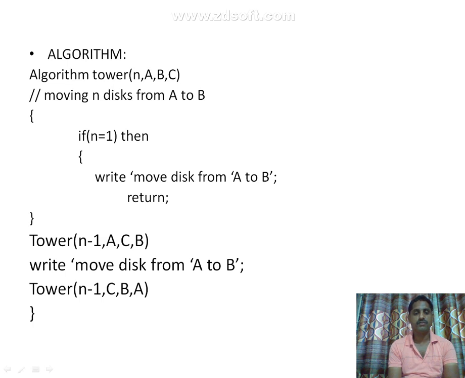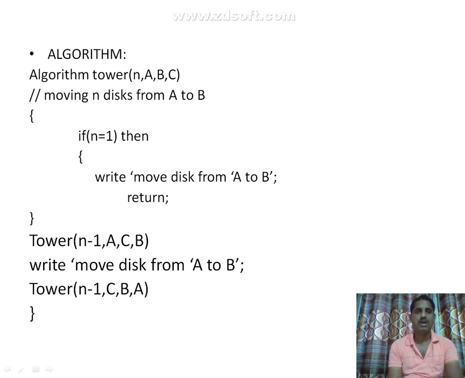If n is more than 1, then Tower(n-1, A, C, B), then move disk from A to B, and Tower(n-1, C, B, A). Here A, C, B may be source, intermediate, destination, and the roles change at the time of moving the disk from one source to another.